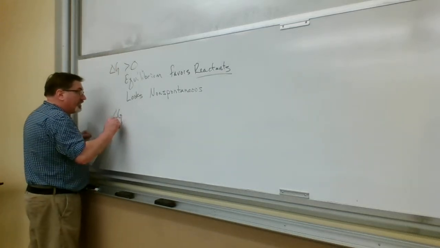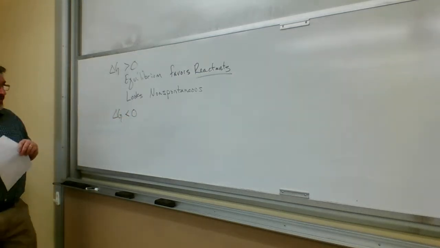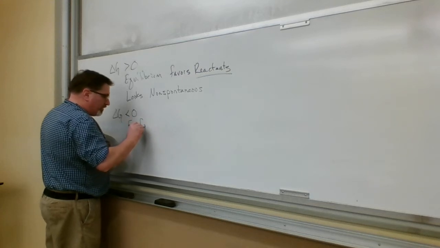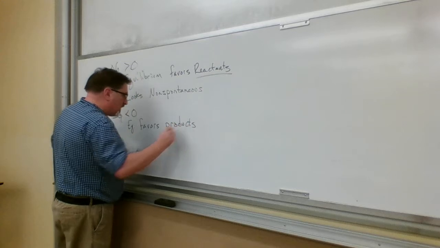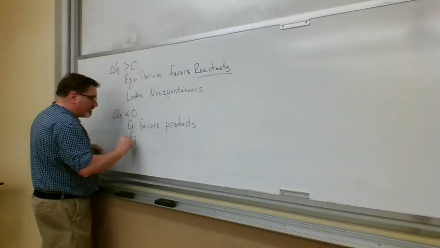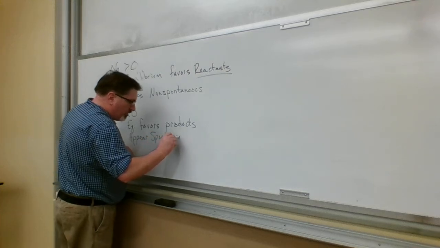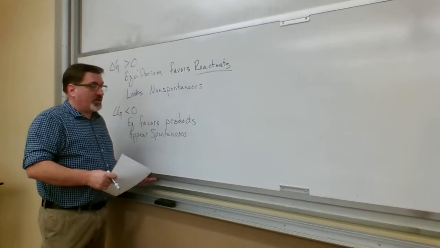When delta G is less than 0, so delta G is negative, equilibrium favors products. These appear spontaneous, because it's usually easy to see lots of product being made in those scenarios.